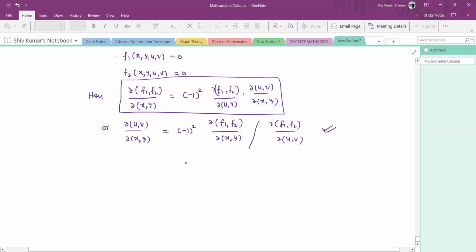Now, similarly, we write down for three variables u, v, and w connected with x, y, and z.